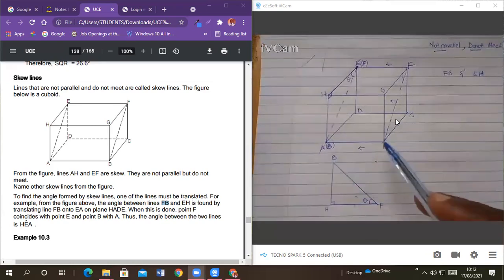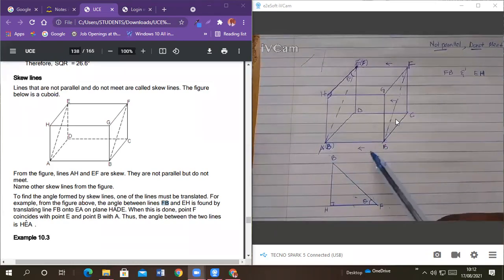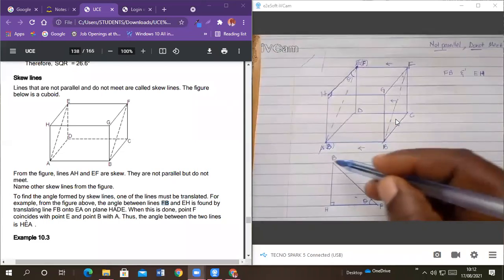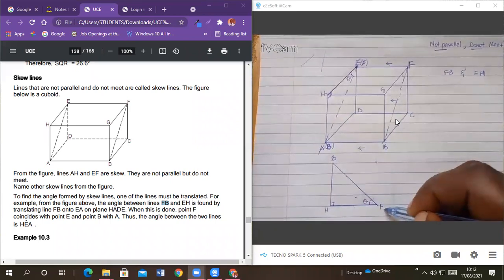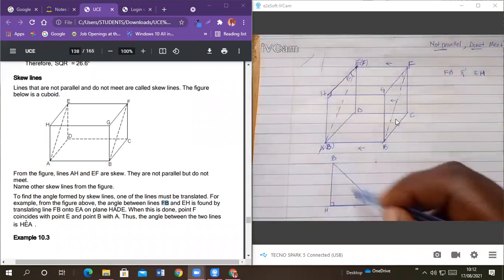Alexandra, try to be audible, a bit louder. Why don't we put the F here and the B here? Is that what you're asking? Yes, why don't we put F here and B there?